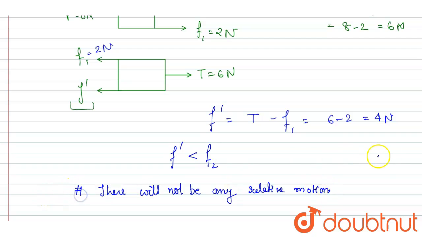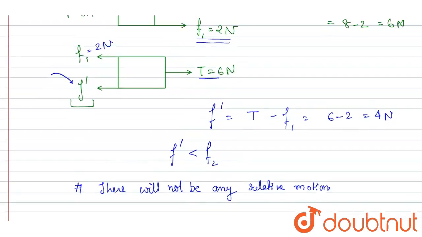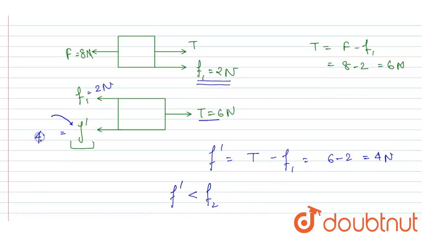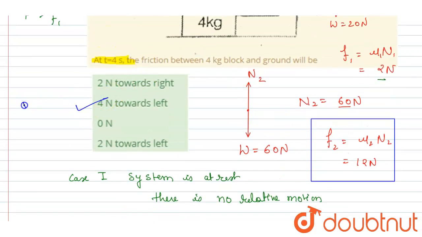The tendency of relative motion will rise here, but this limiting friction will try to stop it, and then tension will generate, and an equal amount of tension will act on this block also, and this will also have a tendency to move rightward, and here the friction force will generate, and they will adjust the value like this, and finally the system will be at rest. So you can see the F dash value is 4 Newton and it is directed toward left, right? Toward left 4 Newton. So you can see B is the correct option.